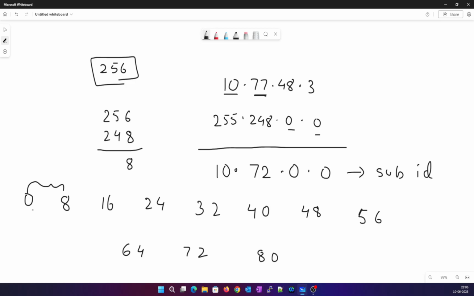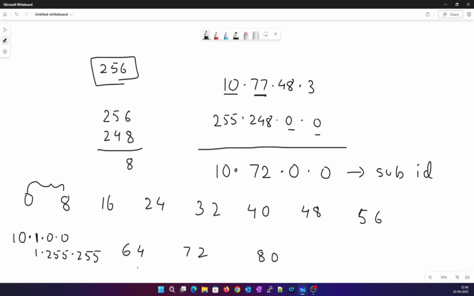Then the IP address range in this subnet would be 10.1.0.0 till 10.1.255.255.